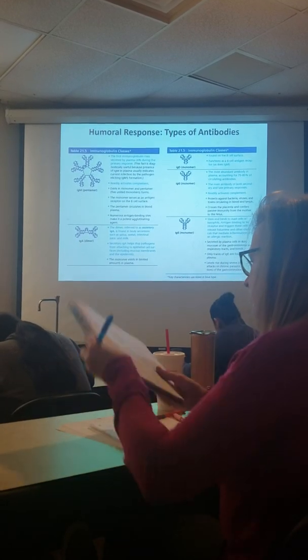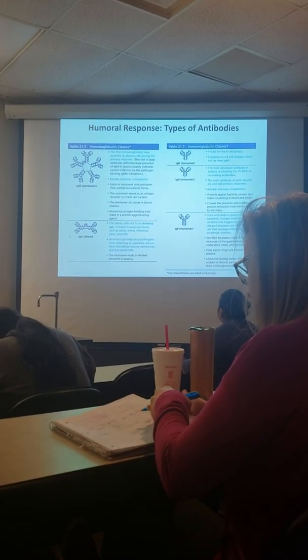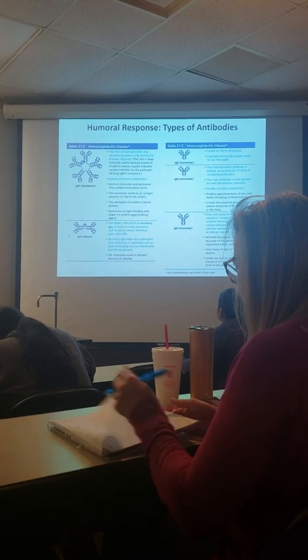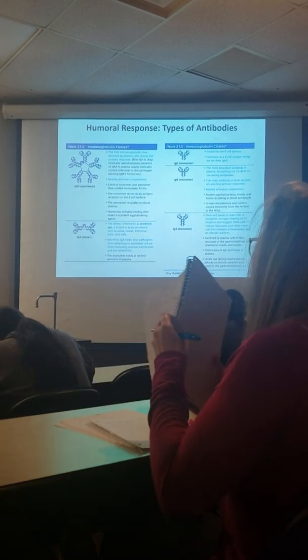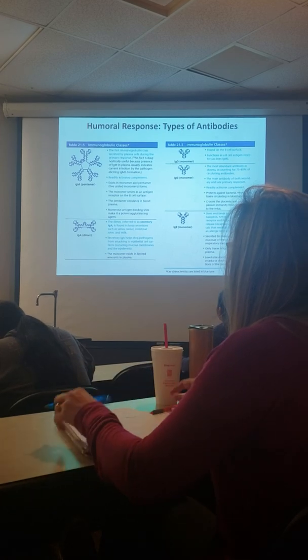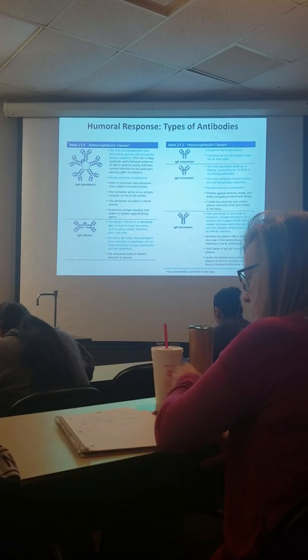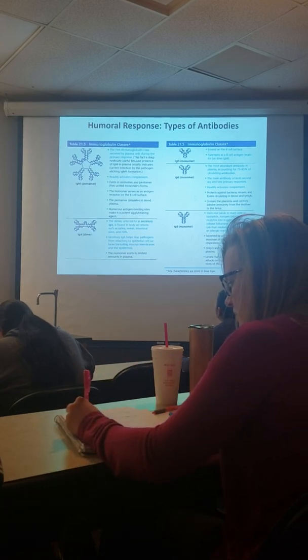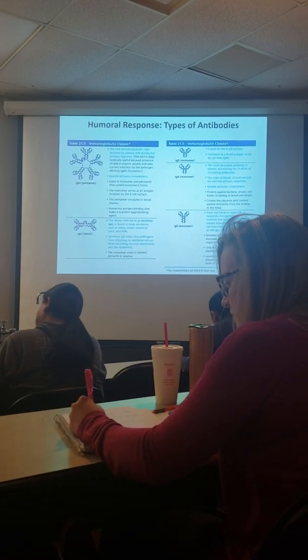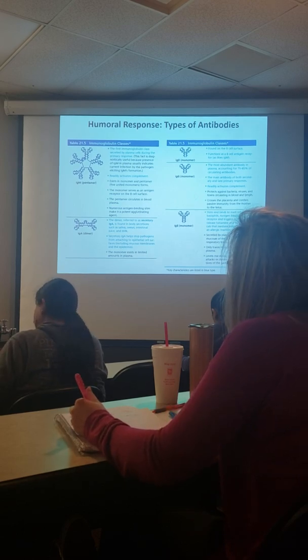Now, the only thing significant about IgA is this is usually found in secretions in the body. So you're going to find it in your sweat, you're going to find it in your tears, you're going to find it in your saliva. So this is basically coming from like your glands in the body, and it protects against surface pathogens.